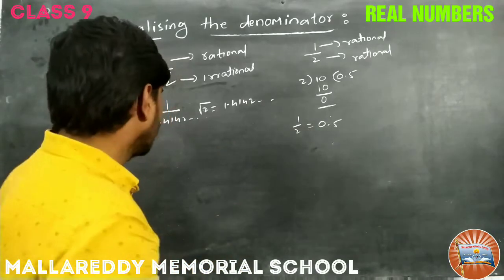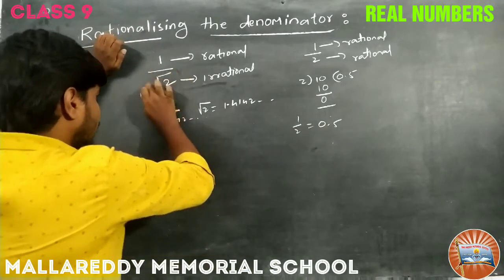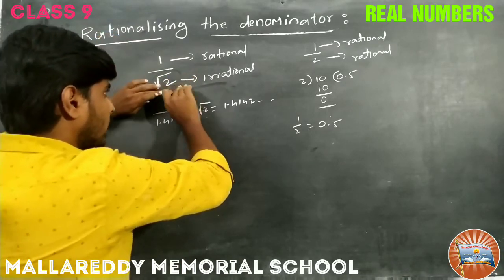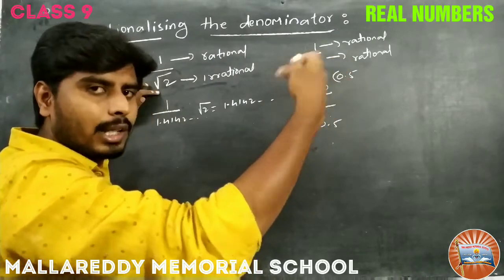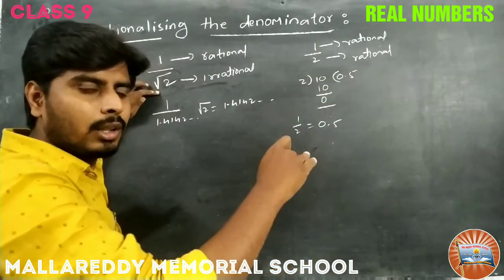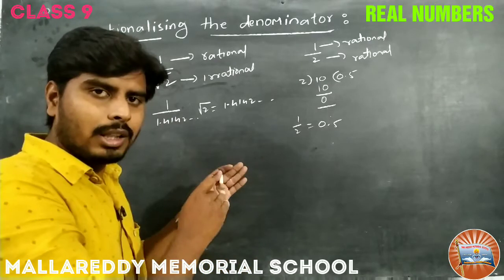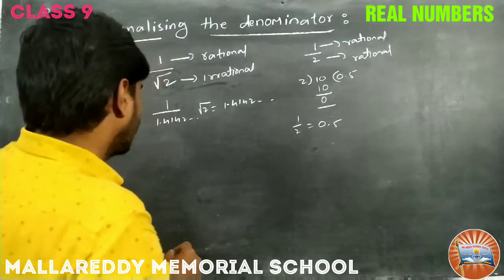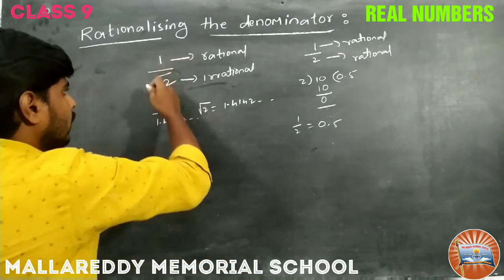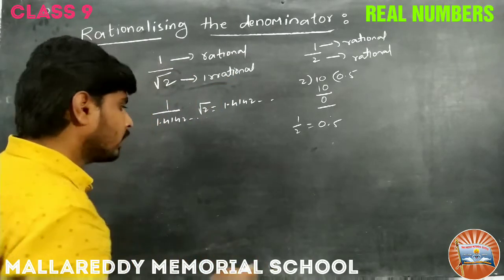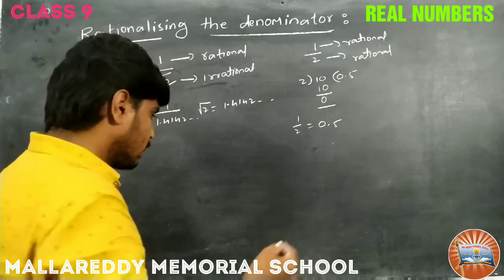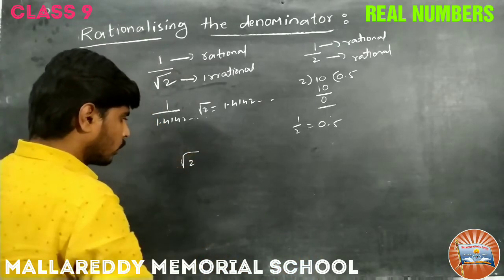So what is that? The denominator is irrational here. We are going to convert this irrational denominator into a rational denominator. That is called the process of rationalizing the denominator. So how can we convert this into rational form? By multiplying with another number. Suppose root 2 is there.